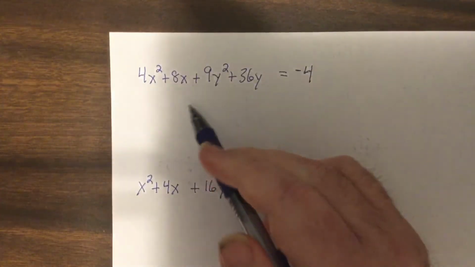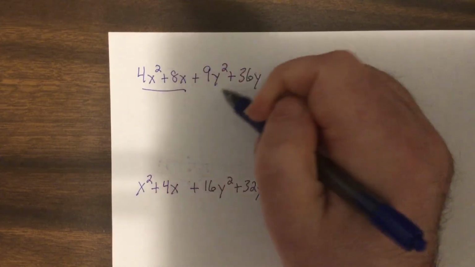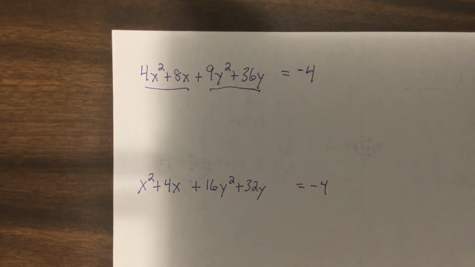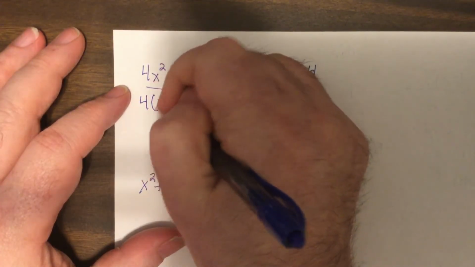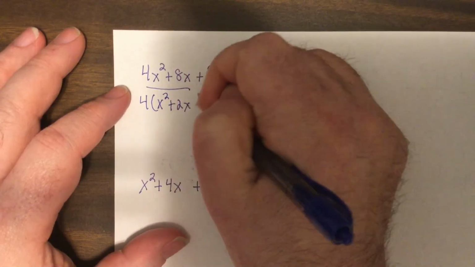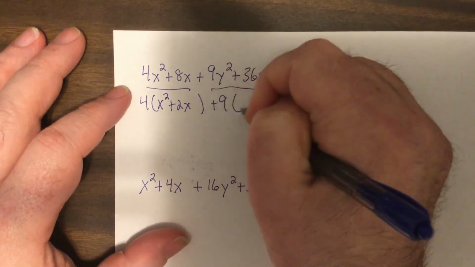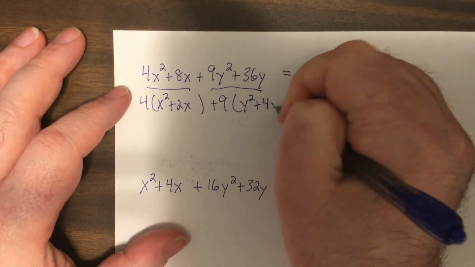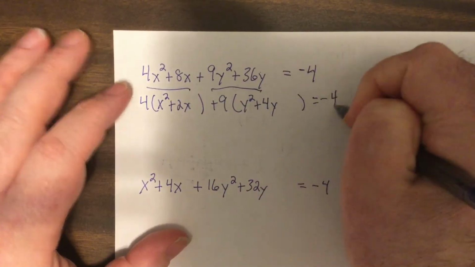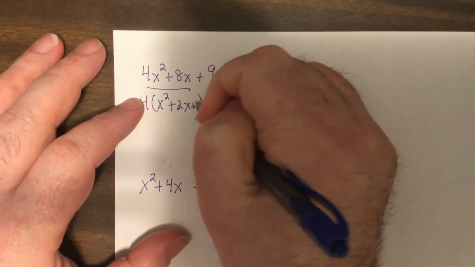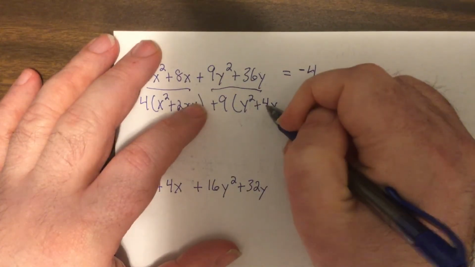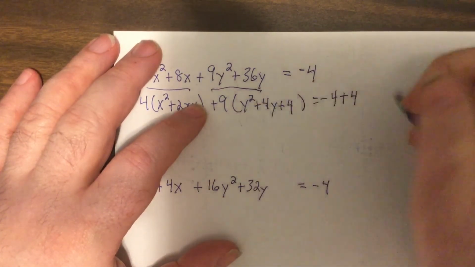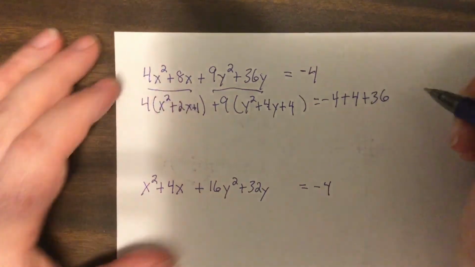Now, oh no. What do you do when you have polynomials that aren't in proper form? Well, we're going to complete the square. We did that with the parabola. We did it with the circle. So that'd be 4x squared plus 2x, that's 9. Y squared plus 4y. So half of 2 is 1. 1 squared is 1. So I added 4 to this side. Half of 4 is 2. Squared is 4. So I added 36.